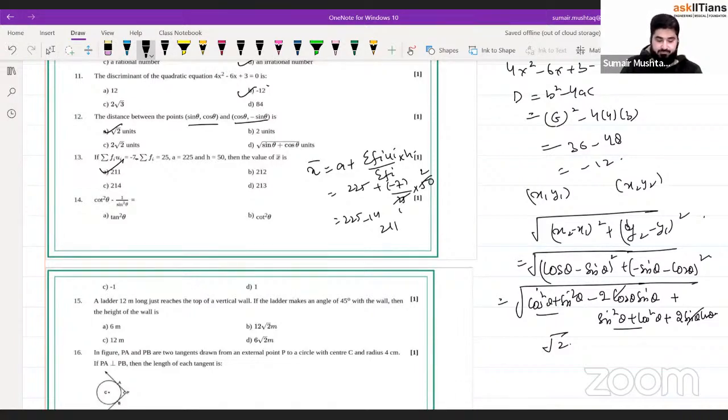Now the next question. Easy, easy. This is cot. Can I write it as cos square theta divided by sine square theta, minus 1 divided by sine square theta? Easy. So this can be written as cos square theta minus 1 divided by sine square theta. Now, remember here most of the people make the mistake. They write this as sine square theta.